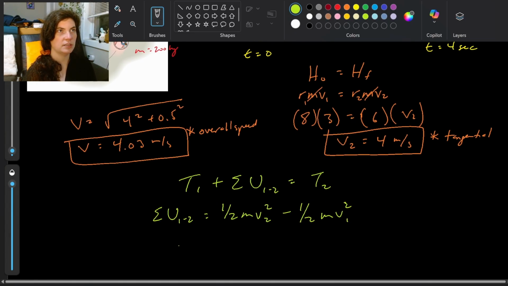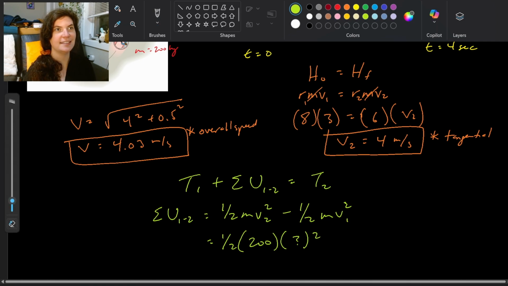And I'm going to plug those in to find the work done. So 1/2 mass is 200 times our final velocity. Why do I keep saying initial? I keep getting these backwards. This is final velocity. Sorry.